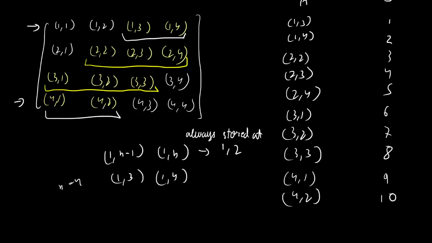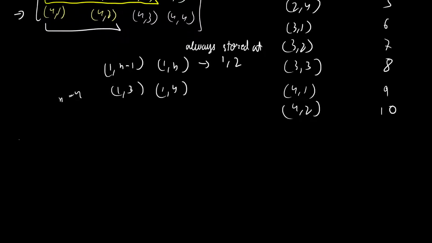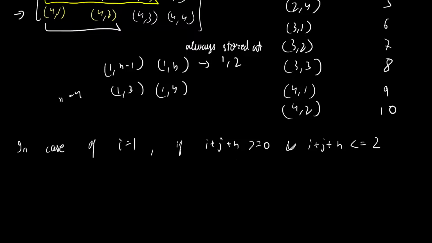So in case of the first extreme row, that would be i equals 1. The arrays stored are as follows. So if i plus j plus n is greater than or equal to 0 and i plus j plus n is less than or equal to 2, this was the condition for non-zero entries.